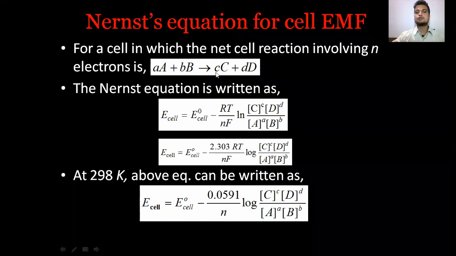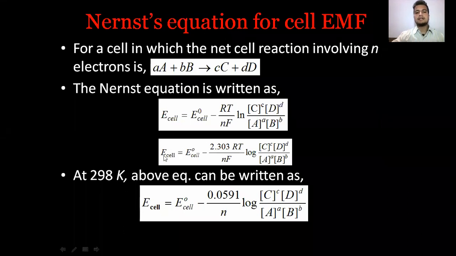If there is any stoichiometric coefficient, that is the number of moles, we raise it to the power. So you can see [C]^c, [D]^d, [A]^a and [B]^b.